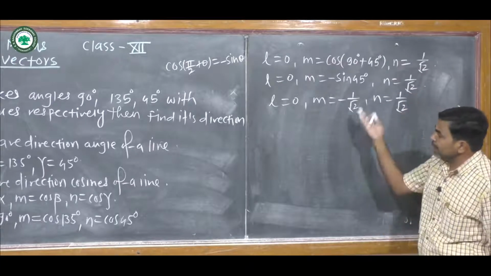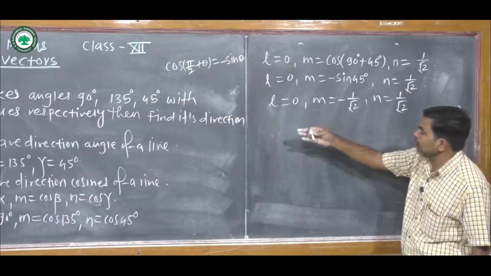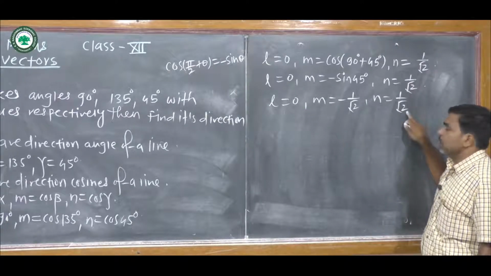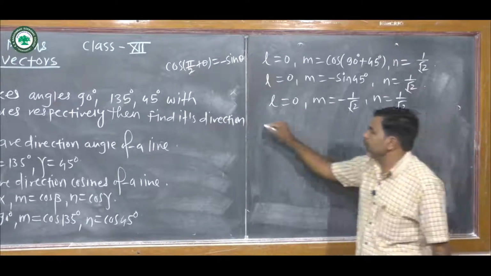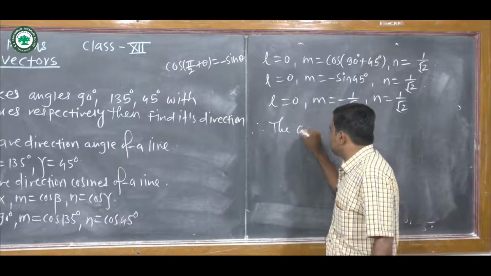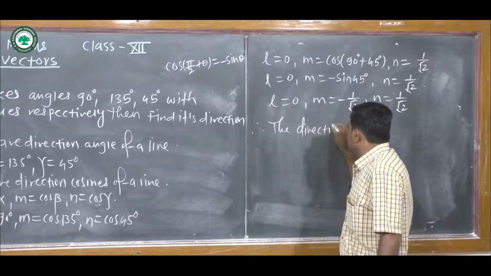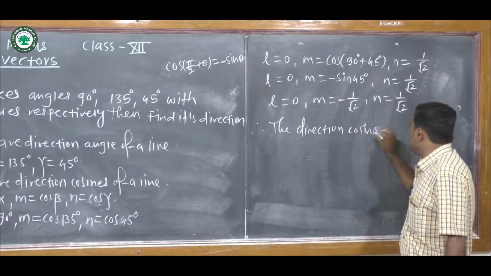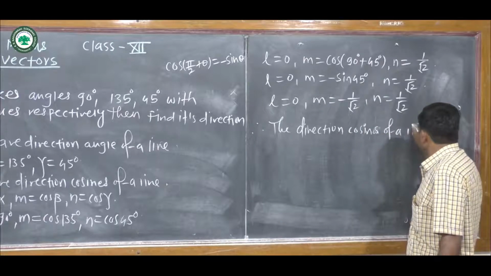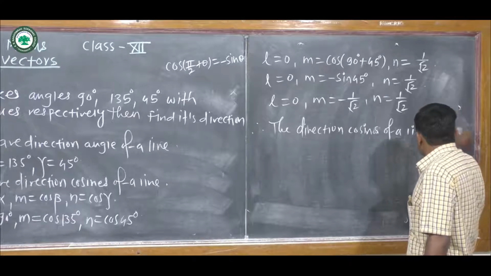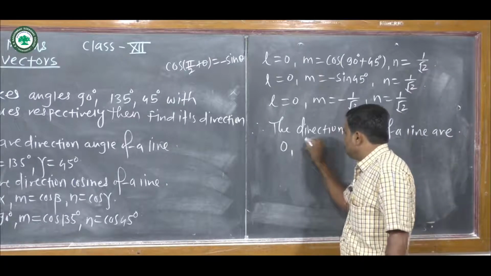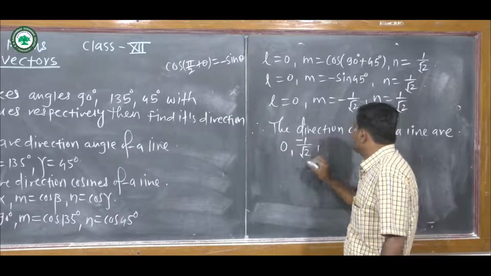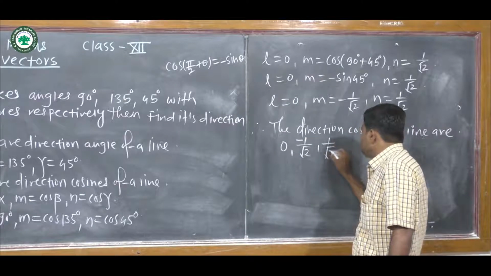So therefore the direction ratios of a line are 0, minus 1 upon root 2 and plus 1 upon root 2. So therefore direction cosines of a line are 0, minus 1 upon root 2 and 1 upon root 2.